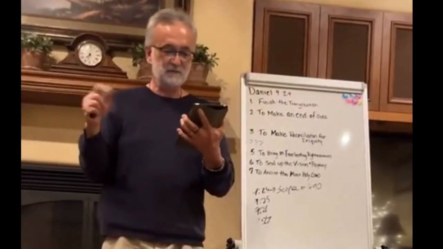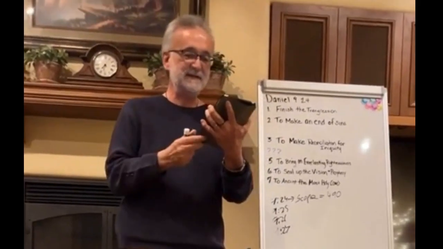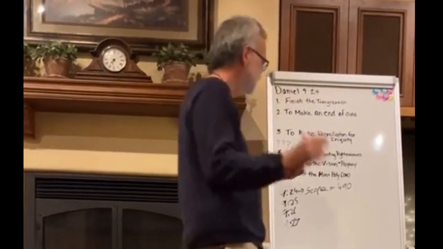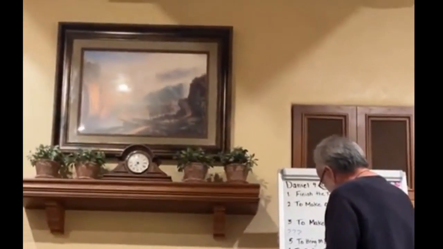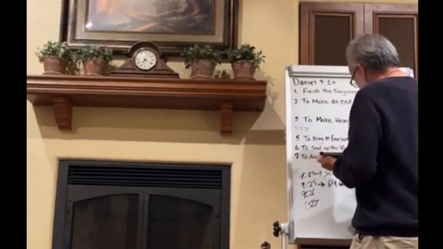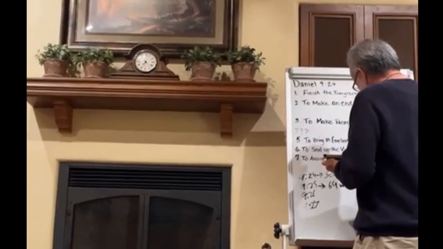Okay? So don't let that word mess you up. There will be 7 weeks and 62 weeks; it will be built again with plaza and moat, even in times of distress. So, the next one is the 69 weeks. All right? Which is 7 plus 62.